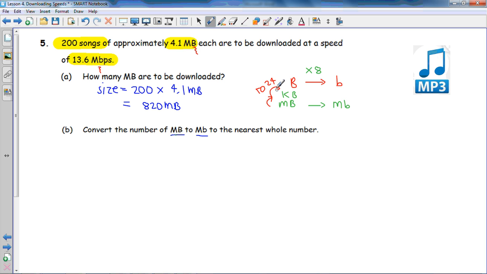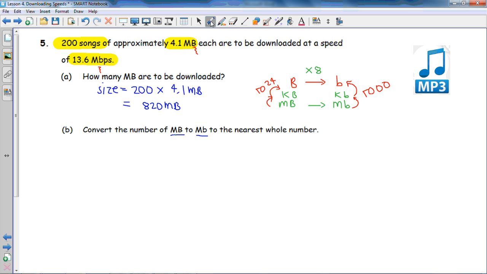Where when you are going from megabits to kilobits to bits, you are multiplying by 1,000. So it doesn't work just to multiply these two by 8 and think it's going to work, because this number is 1,024 and this number is 1,000.